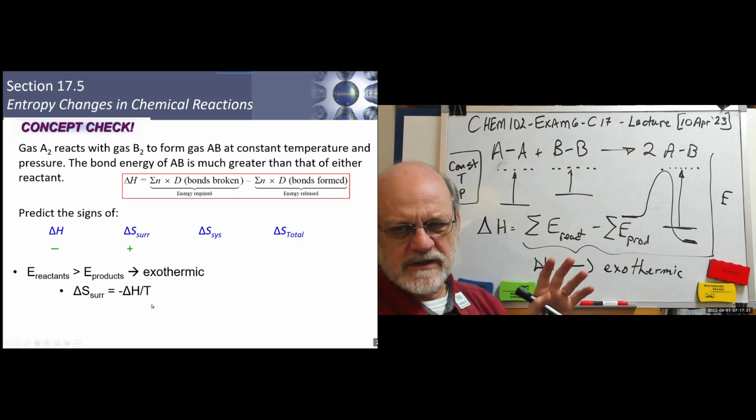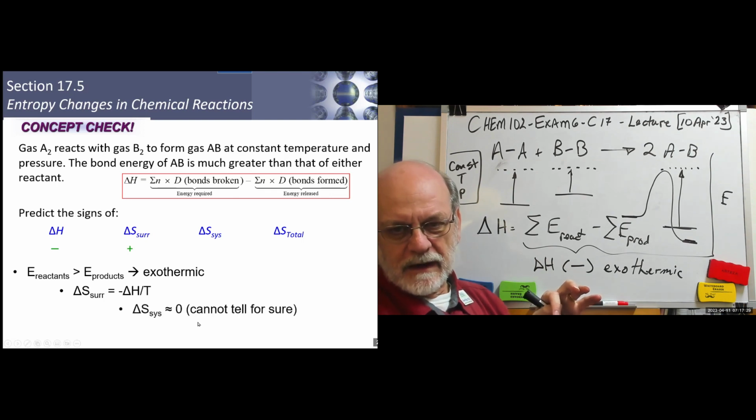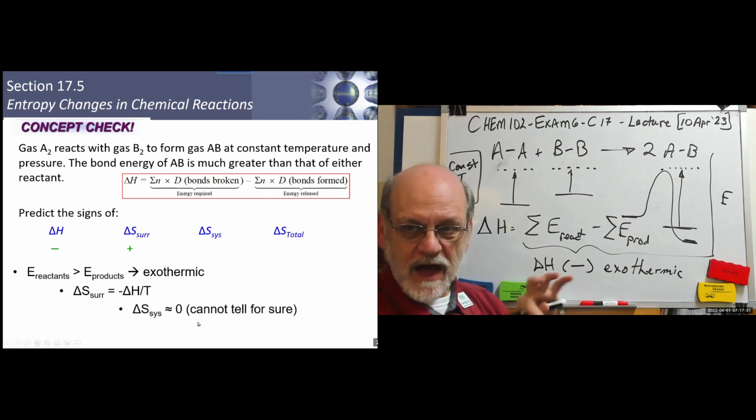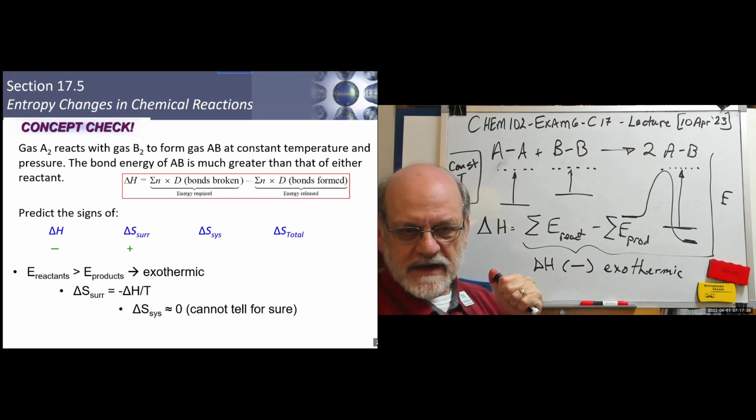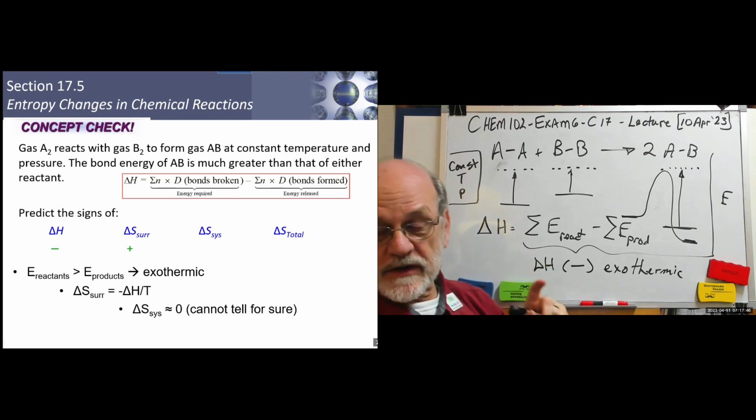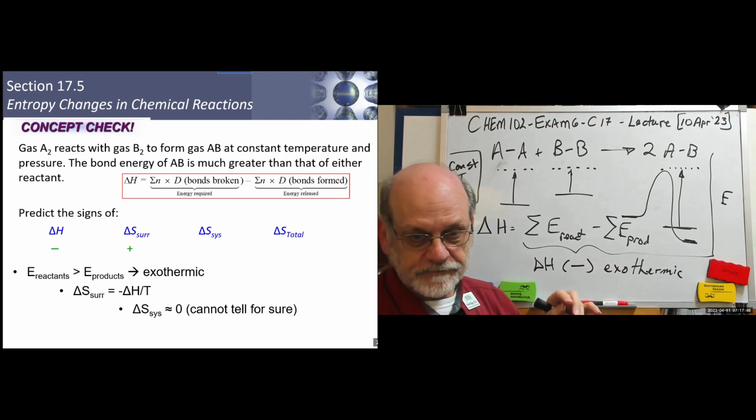Now the next one is a little trickier. We really don't have a handle on the delta S for the system. We can't say that it's opposite to the surroundings because we don't even know what the total is. So there's a bit of assumption here that the system entropy doesn't change because the pressure and the temperature don't change.